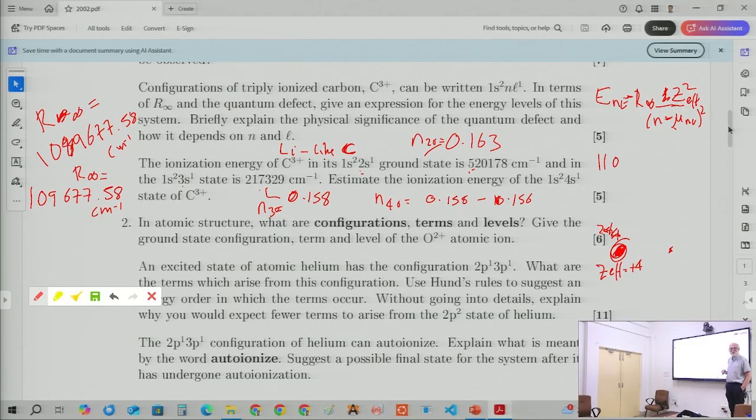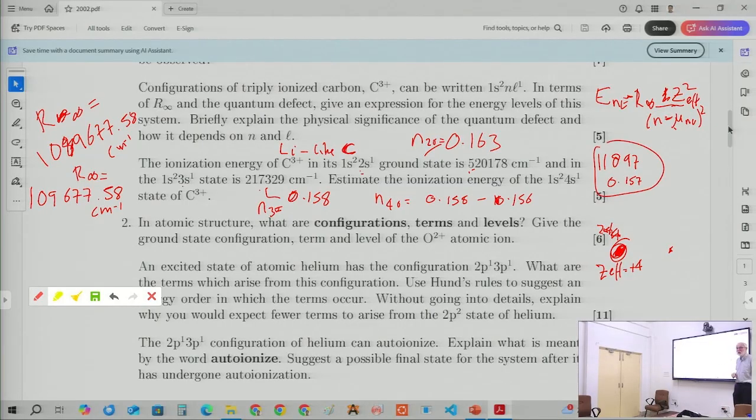Someone give me a number. What was your ionization energy? 11897. And what quantum defect did you use for n equals 4? If you use 1.7, you get that.